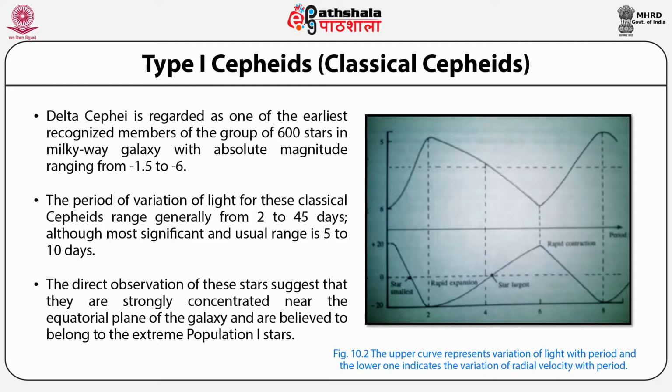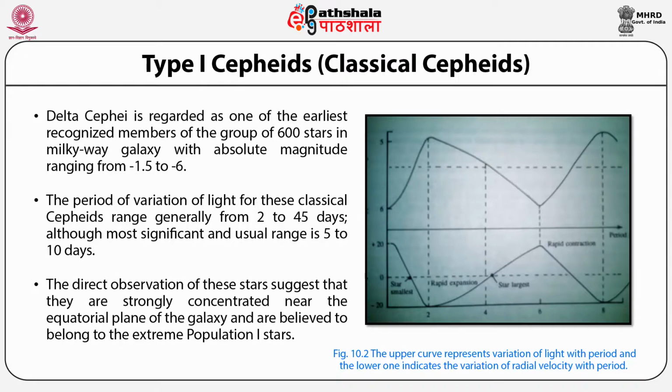When we talk about the classification of stars, we also classify them on the basis of their population, meaning how many of them exist in a given area. So we have the population first stars and the population second stars. Here we refer to the type first Cepheids as belonging to the population first stars.